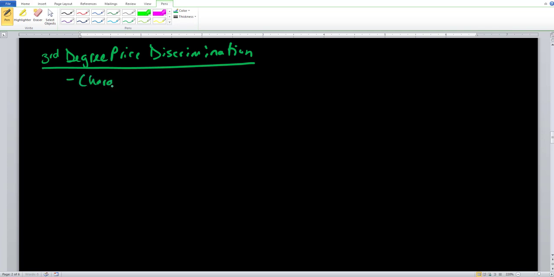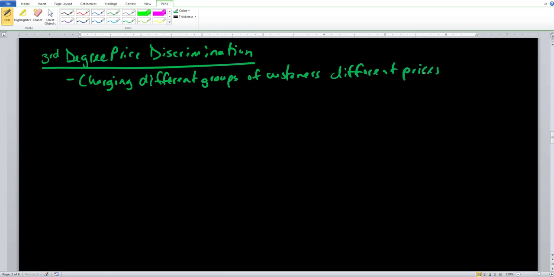So charging different groups of customers different prices based on varying elasticities of demand. Now we can segregate people into two different groups, and we want to charge these two groups two different prices.